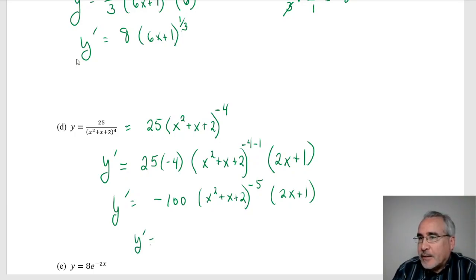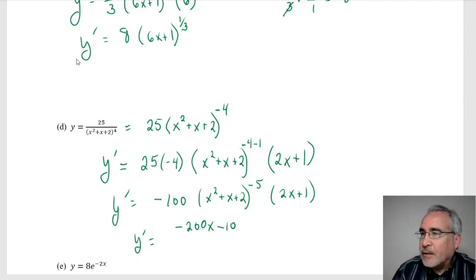It's a valid function as it is. So we've got 100 times 2x plus 1. While you're at it, you could distribute it. Again, not absolutely necessary, but 200x minus 100, so taking the negative 100 times that, all over x squared plus x plus 2 to the 5th power.